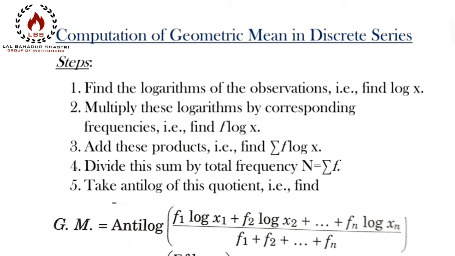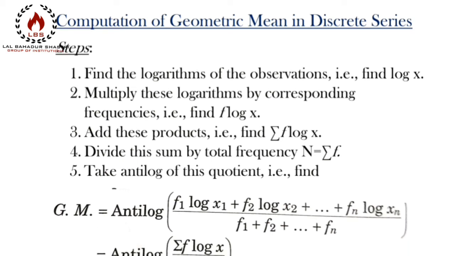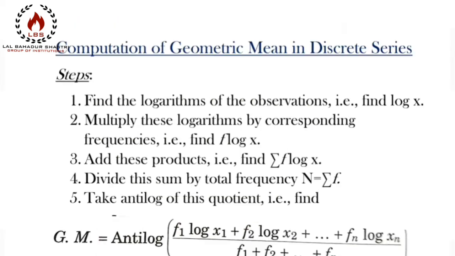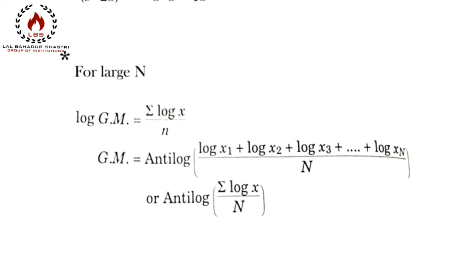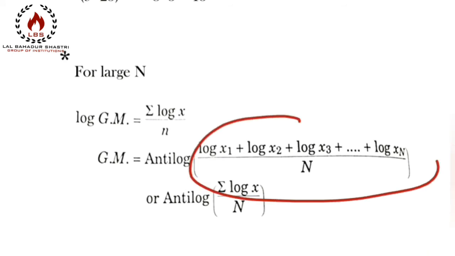But if the question comes, the formula will be the same, that is anti-log. In the first formula we discussed, geometric mean is anti-log of the bracket log x1 plus log x2 plus log x3, in case of individual series.